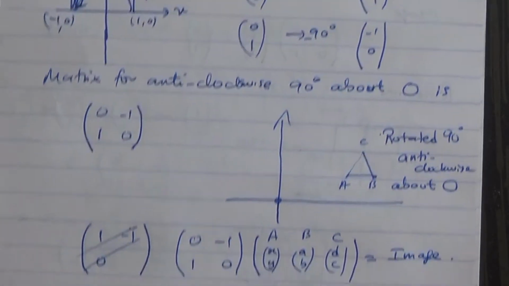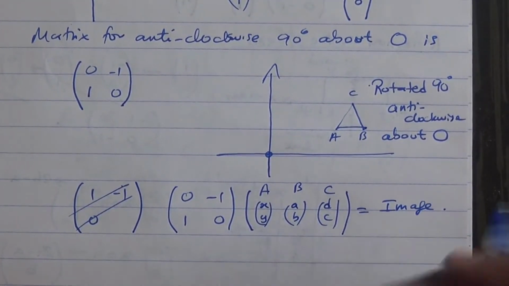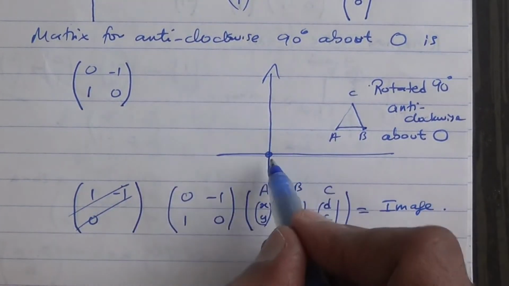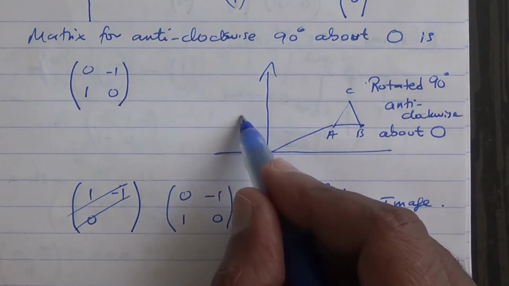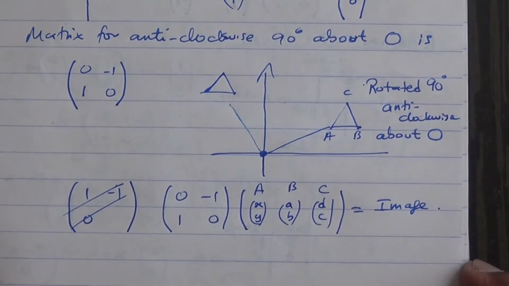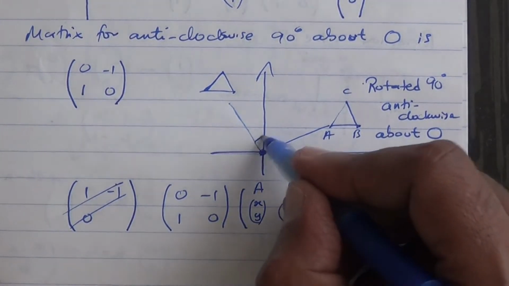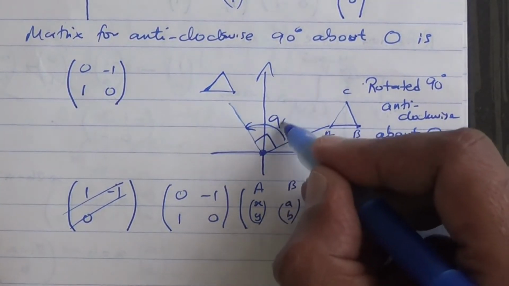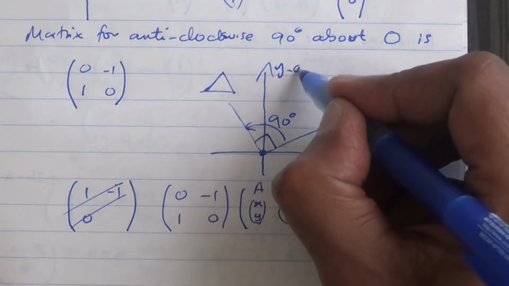Once you get each of these, you plot the coordinates, and of course this is going to rotate 90 degrees about O. It may rotate and fall somewhere there. Alright, so this is how we do it. Okay, I'm sure you understand. So this is 90 degrees rotation anti-clockwise.